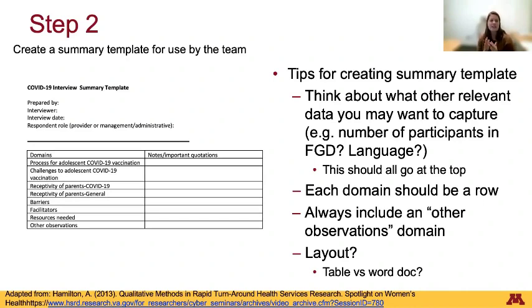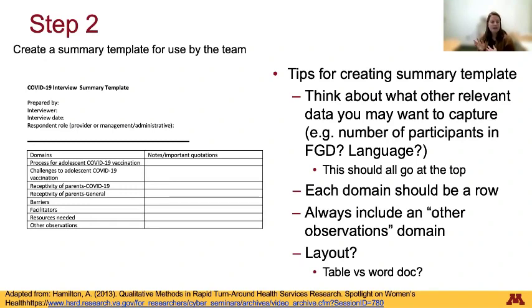While this is very much a deductive method where we're trying to summarize question by question, as all of you who have done qualitative research before know, things come up in interviews and focus groups that you were not expecting.